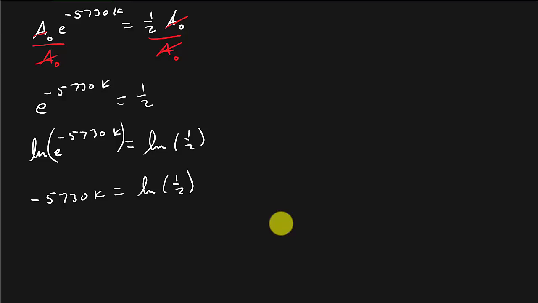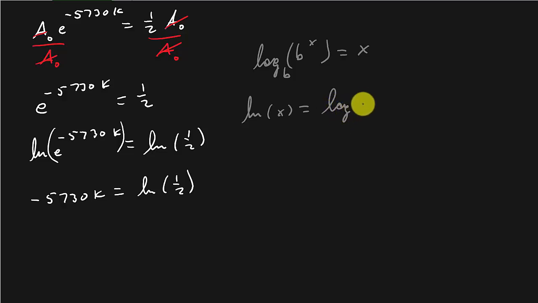The thing you might be wondering is what happened to the ln and the e? This goes back to properties of logarithms. Remember, the log of b to the x with base b is equal to x. If the base of the exponent and the base of the log are the same, then your answer is just your exponent. We also know that natural log of x is equal to the log of x with base e; instead of writing log base e, we abbreviate it ln.